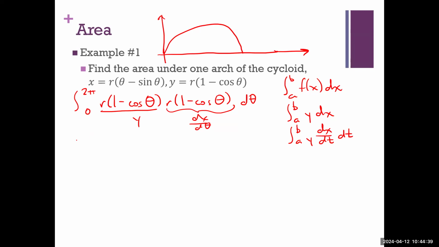Okay, so let's clean it up a little bit. So integrate from 0 to 2 pi of r squared times 1 minus cosine theta squared. So 1 minus 2 cosine theta plus cosine squared theta d theta. Is this an integral we can do?